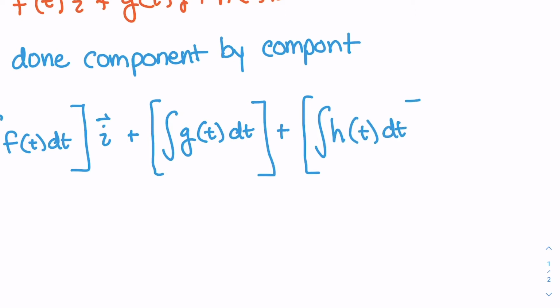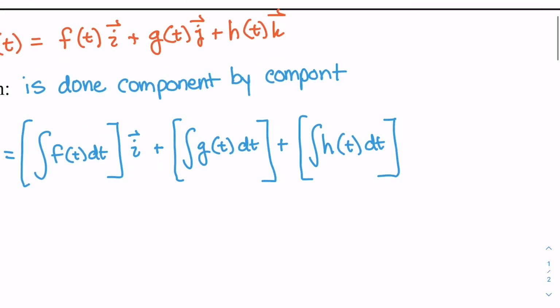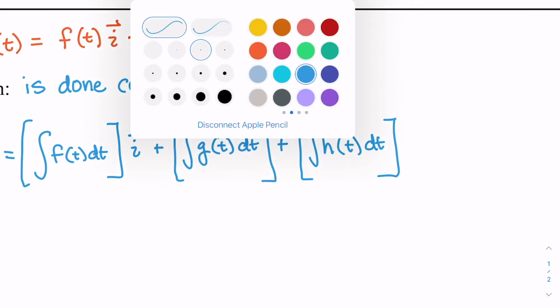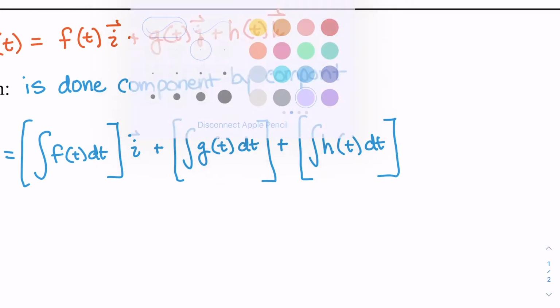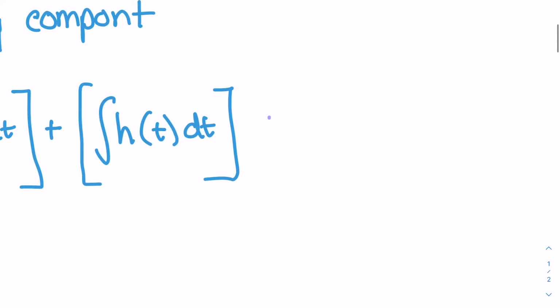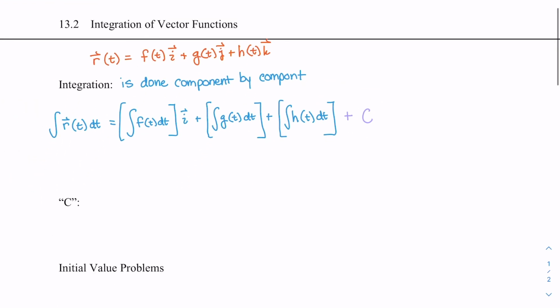And then if you remember, anytime we're doing an indefinite integral, you always have to add on a constant. So plus c. So that would be the full integral of r of t.